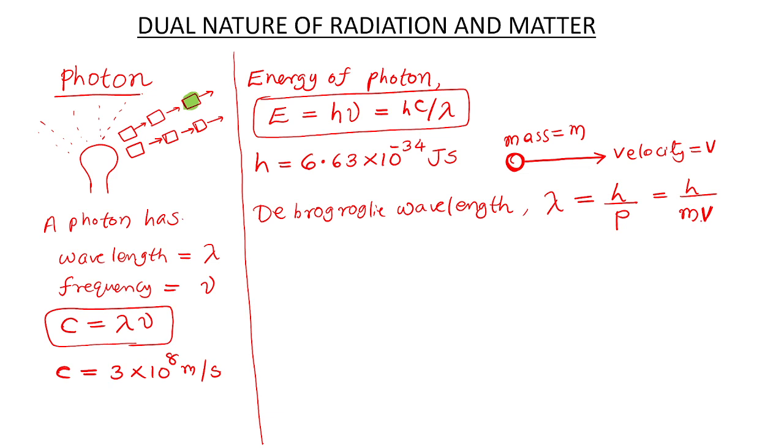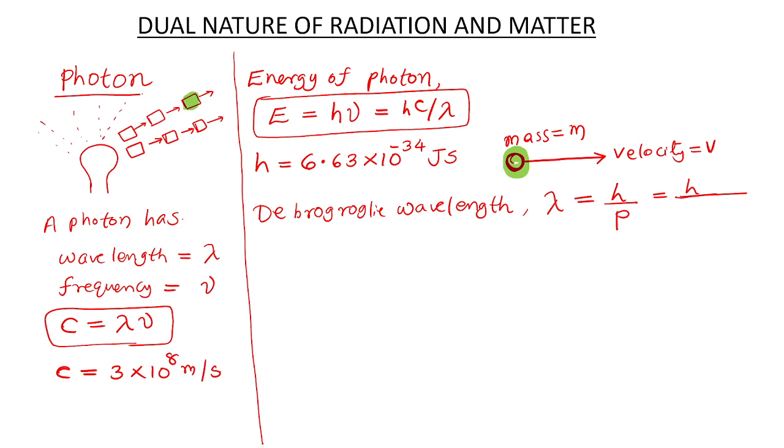If mass and velocity are given, we multiply them to get momentum. We have already studied momentum, so I don't want to show that formula. In most cases, the kinetic energy of the moving object will be given, not momentum, and you have to find lambda.